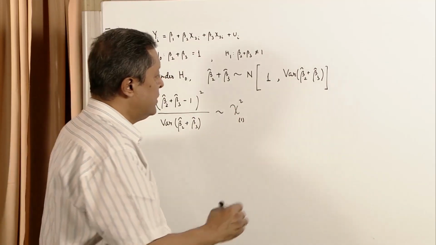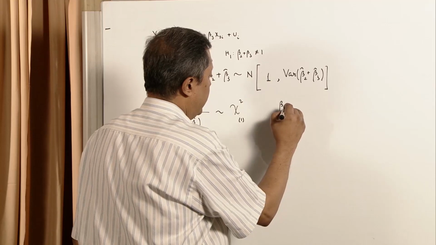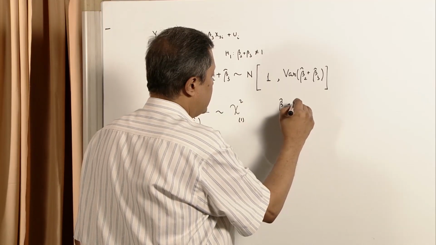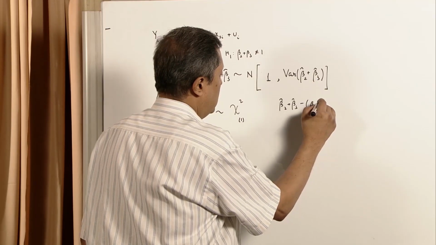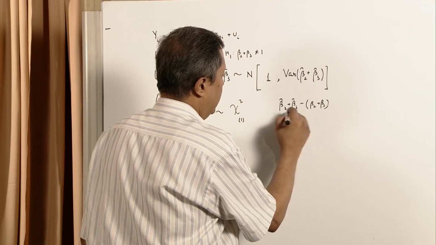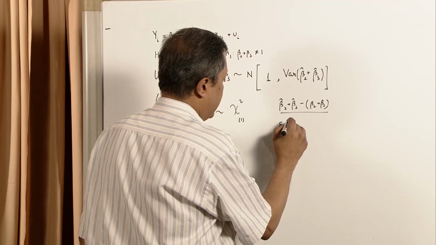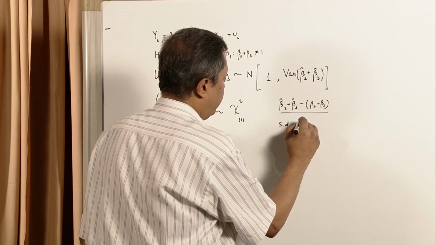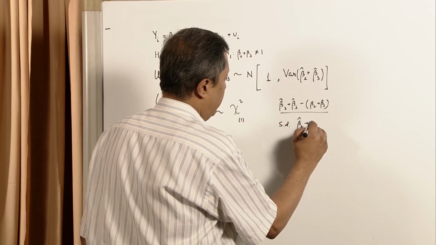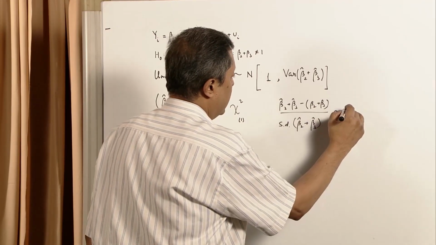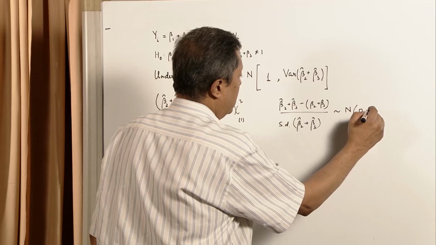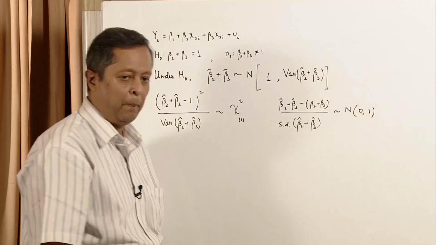The reason is that beta 2 hat plus beta 3 hat minus (beta 2 plus beta 3), divided by the standard deviation of beta 2 hat plus beta 3 hat, follows a normal with mean 0 and standard deviation 1.